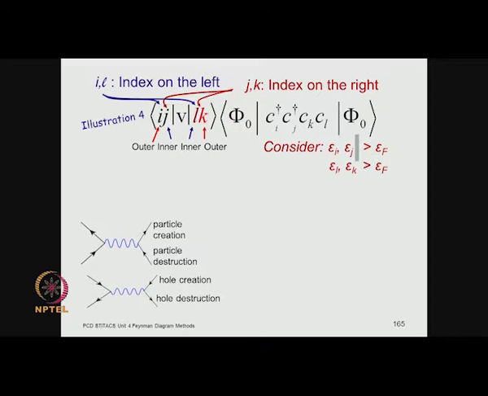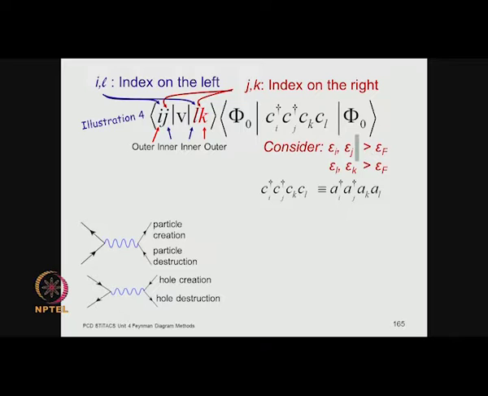So, you will have all of them represented by arrows pointing upward, right. That is the prescription, the convention that we are following here. So, all of these will be represented by arrows pointing upward and by creation and destruction operators which are the A operators. Okay.